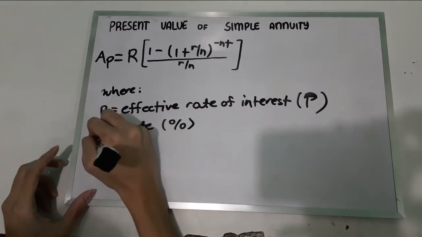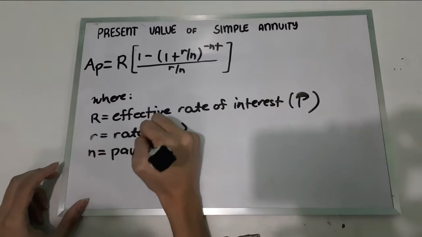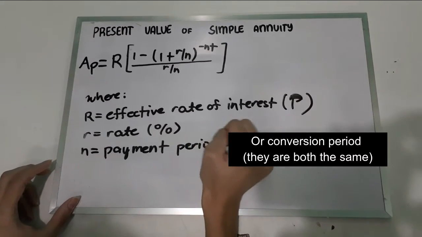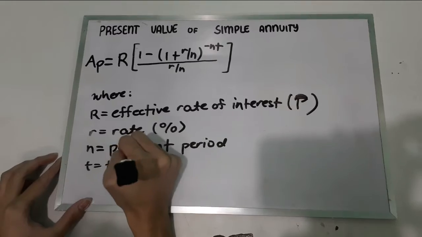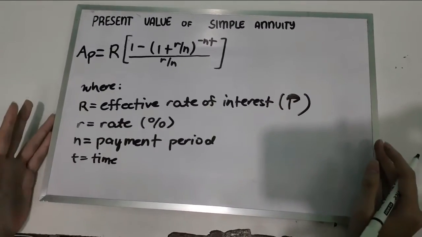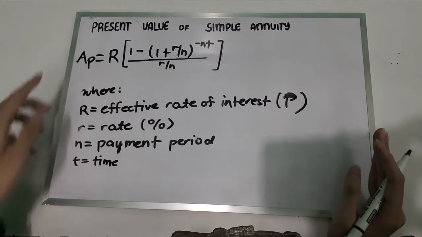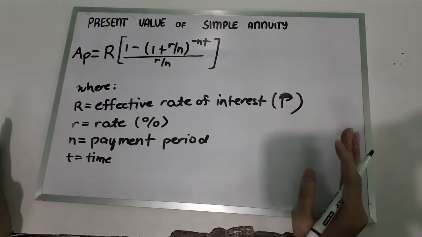The N is our payment period. The T is our time. And that is it. These are all the things we need to solve a problem using present value of simple annuity. Now, let's go on to our example.